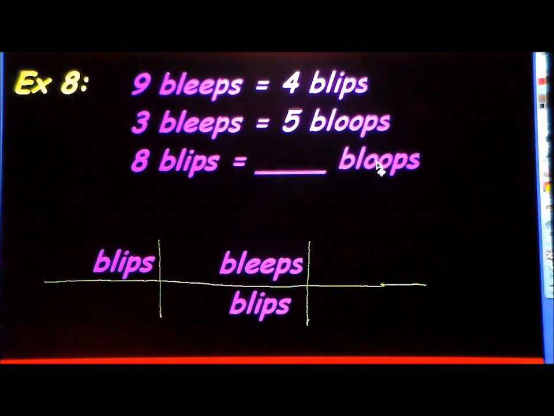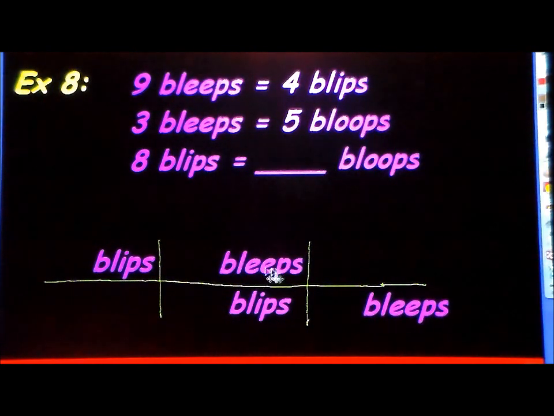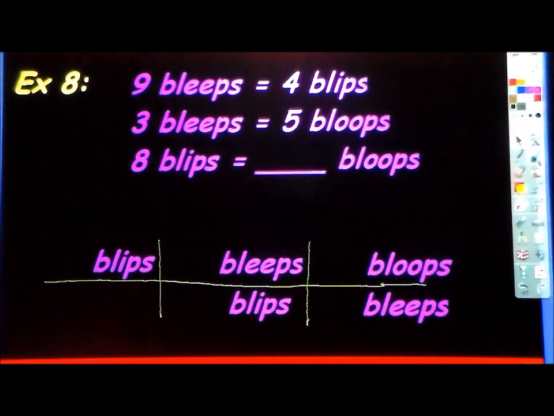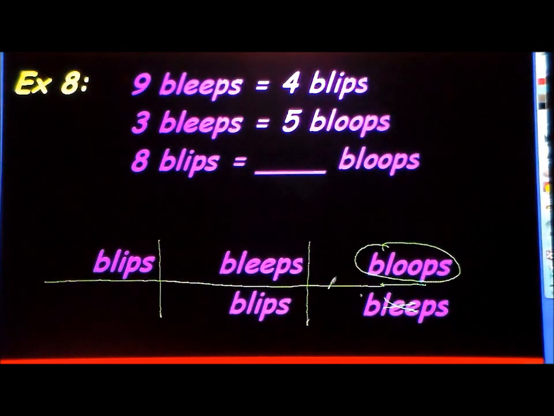So I need bloops, I don't need bleeps. So we're going to have bleeps over here so that that cancels it out. And since I've already used this one for the first conversion factor, the only thing left is this one. And besides, I want bloops as my final answer, so I need to have bloops up here. That's going to give me bloops then when I'm done for my final answer, because bleeps are gone and blips are gone. I know, it's weird.